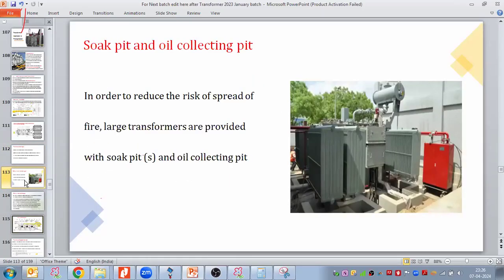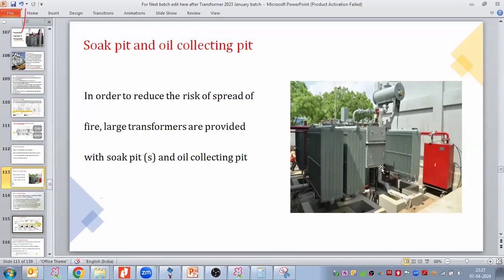And when we are installing the transformer on the foundation, we need to provide the oil soak pit and oil collecting pit as well, because as we have discussed, a transformer has tank radiators, and those are externally attached at the side. Those are not a common enclosure; they are attached with the help of nut, bolt and washer, so there is a possibility of oil leakage.